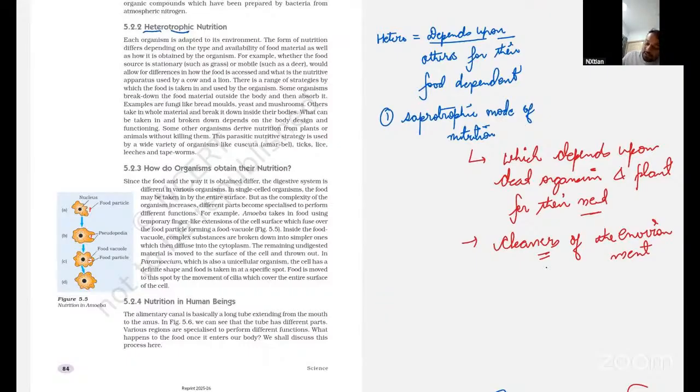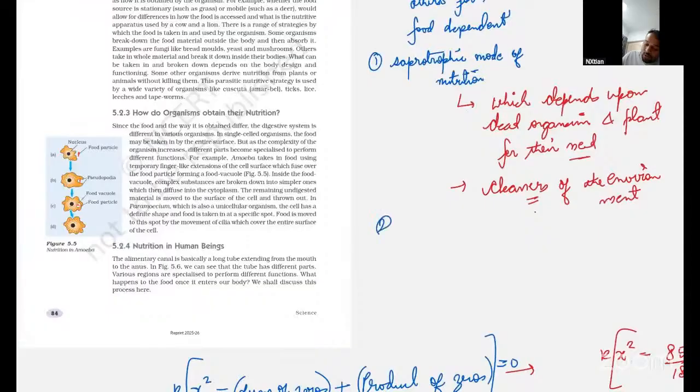Second mode of nutrition is holozoic mode of nutrition. But first, any example of saprotrophs that is going in your mind?